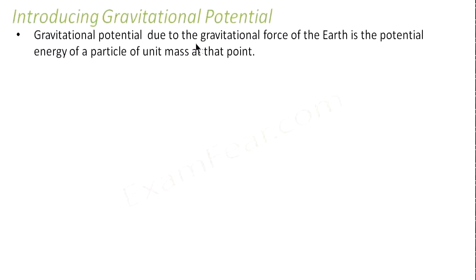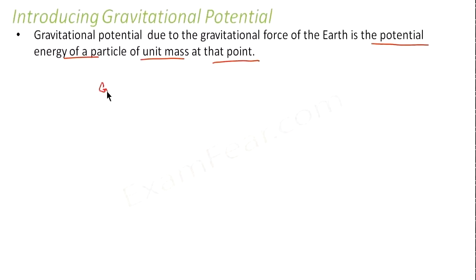Gravitational potential, due to the gravitational force of the earth, is the potential energy of a particle of unit mass at that point. That means the gravitational potential energy of unit mass. That means if a particle is of unit mass, then its gravitational potential energy is known as gravitational potential.